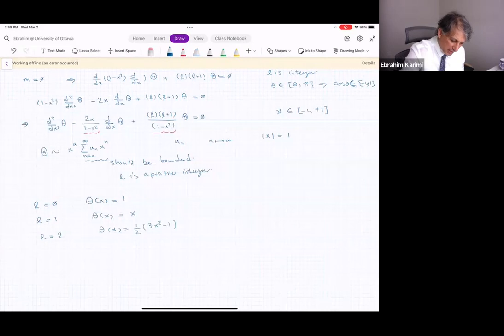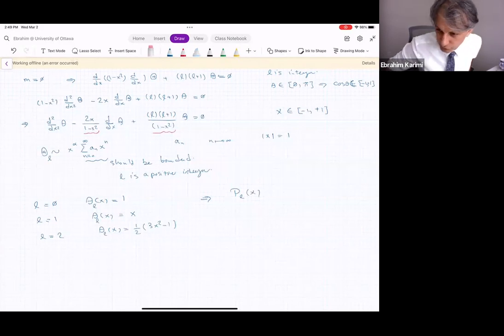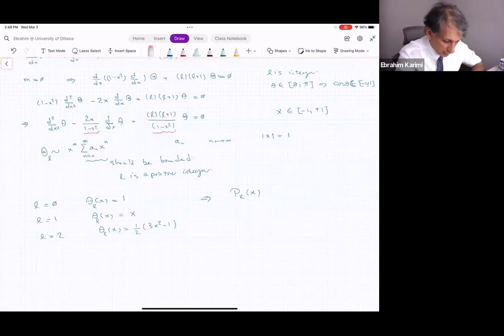Therefore, theta can be labeled by L, and the solution for this differential equation is essentially P_L(x), the Legendre polynomial. Recall, this is not a normalized one. It's the non-normalized Legendre polynomial, the one that physicists use.